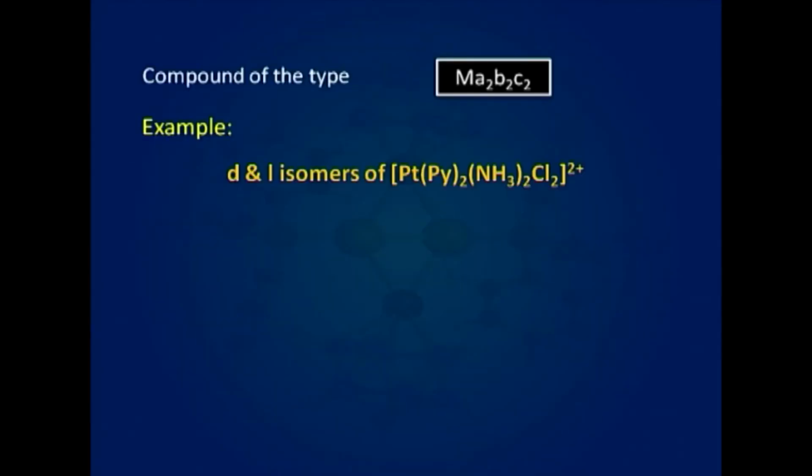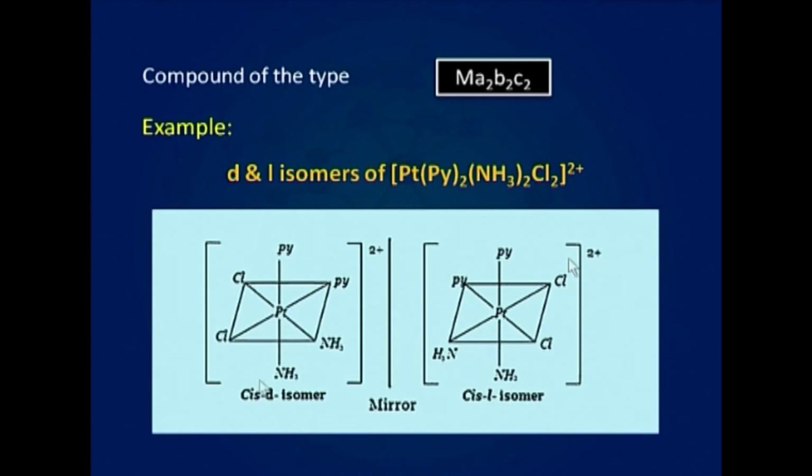Now, we are taking another example of Ma2b2c2 type of complexes. The example taken here is [Pt(py)2(NH3)2Cl2]2+. Here you can see that the cis isomer of this is optically active as the mirror images are non-superimposable.